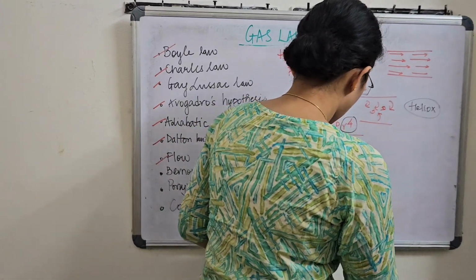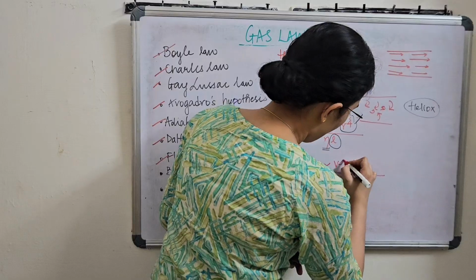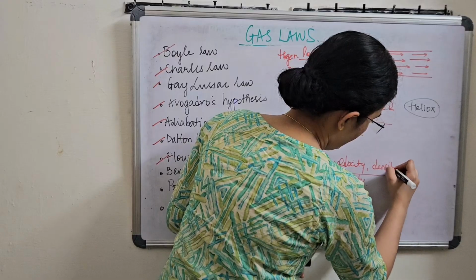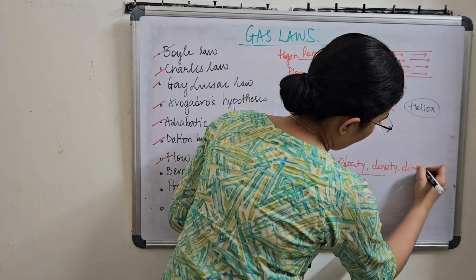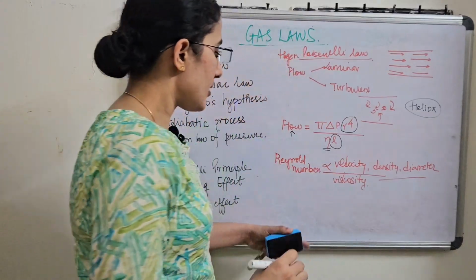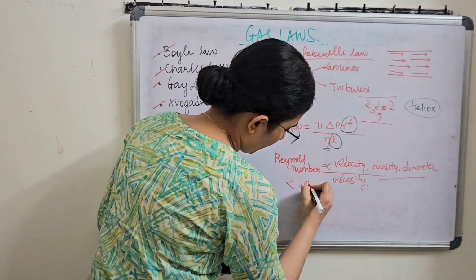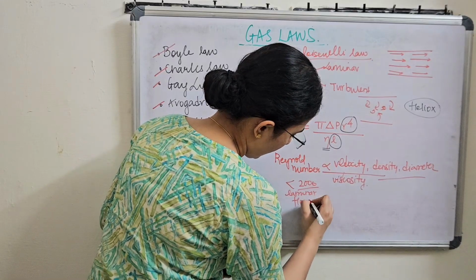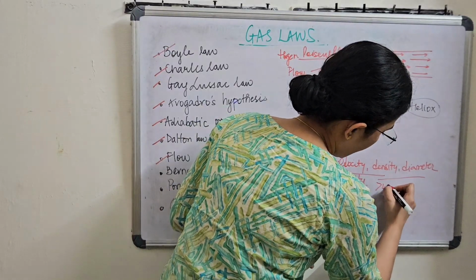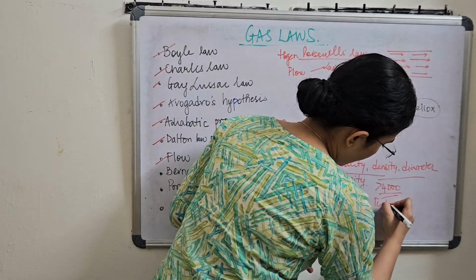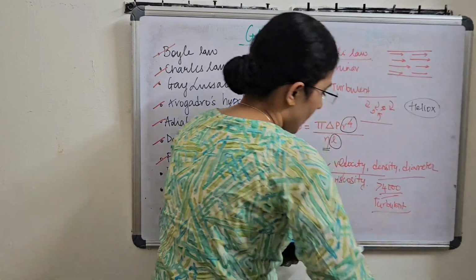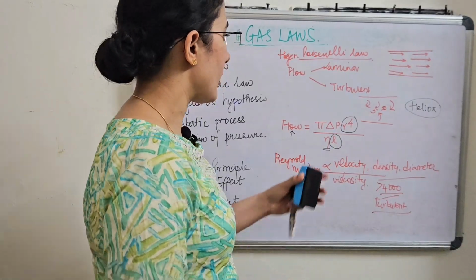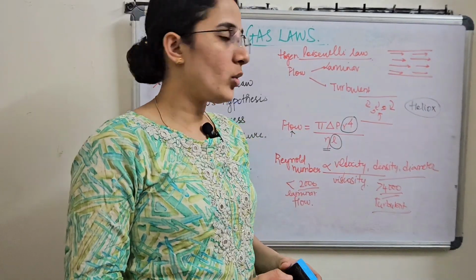So if the Reynolds number is less than 2000, it will be a laminar flow. If it is more than 4000, it is definitely a turbulent flow, right? So this is how we can differentiate between the laminar and the turbulent flow.